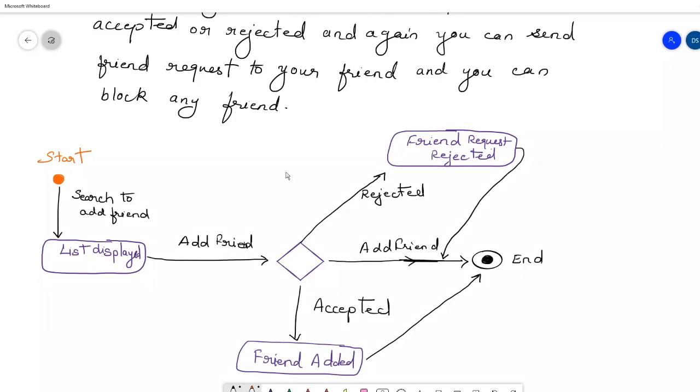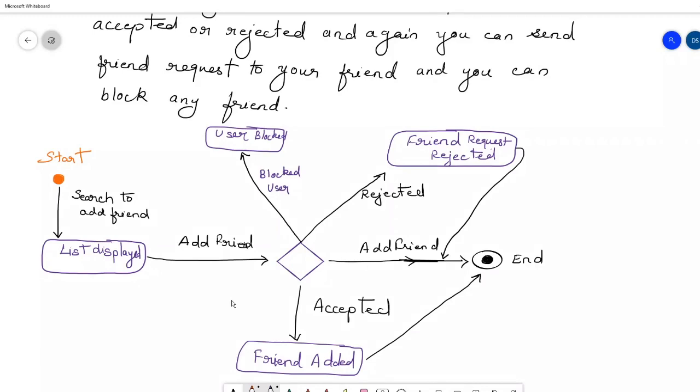So you can take an action like this, and the state would be user blocked. The event that happened is you have blocked a particular person or a user.